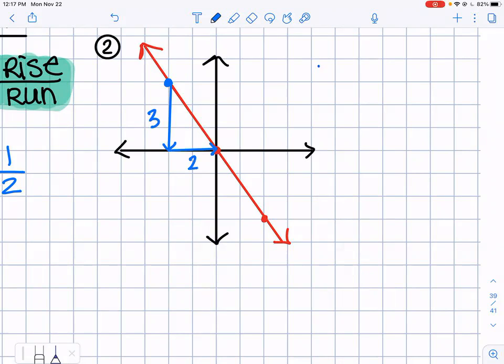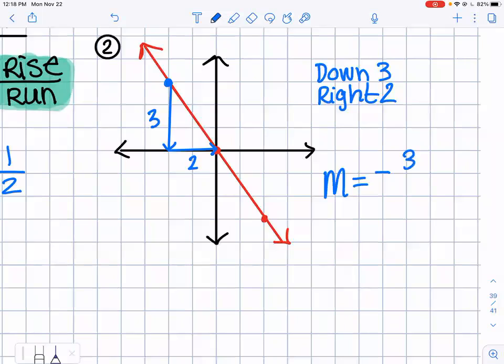Okay, so if I move down 3 to the right 2, what kind of slope is this? Negative. So what's my slope? Negative 3 over 2, right? How many you moved up and down over how many you move left and right?